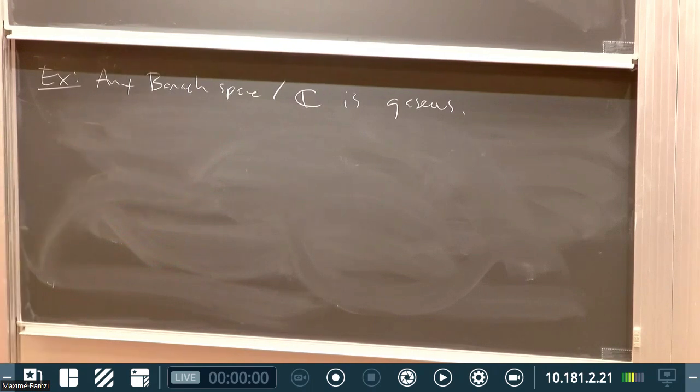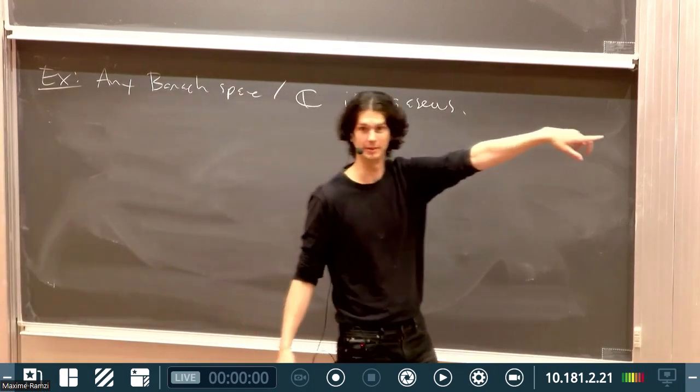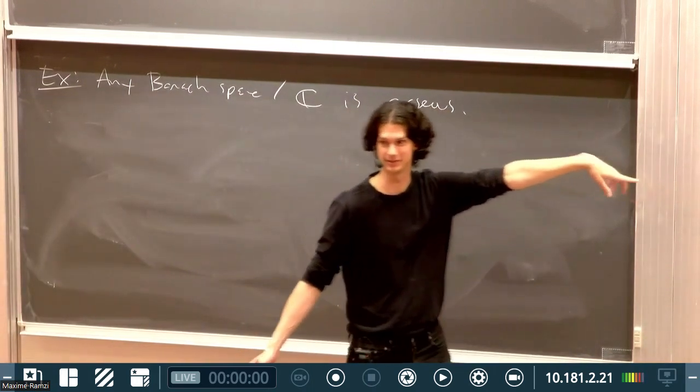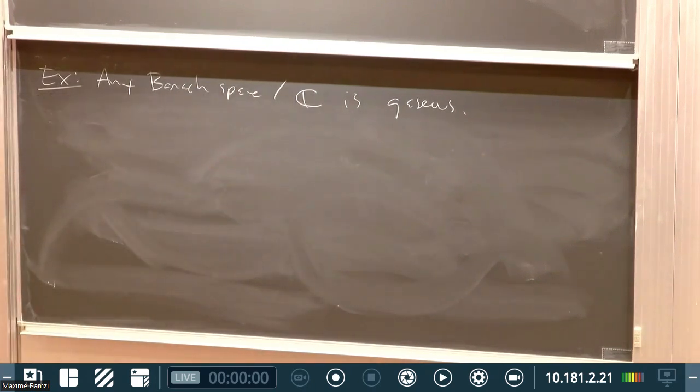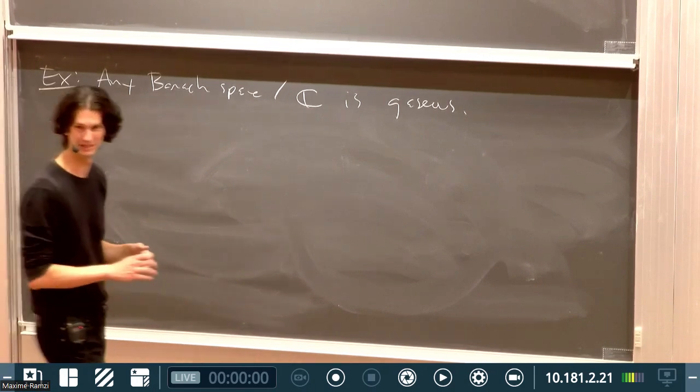It's completely obvious from the definition. And then I already said it's closed under limits and colimits, so you don't have to ask me about Fréchet spaces. They're gaseous too. You don't have to ask me about inductive limits of Fréchet spaces. Those are also gaseous. So basically anything you encounter in traditional functional analysis which is complete in whatever sense is going to satisfy this very mild completeness condition.